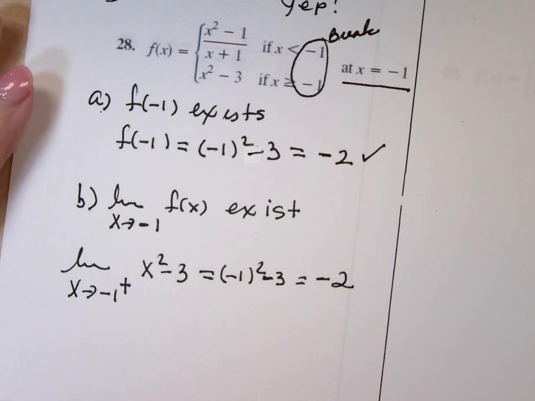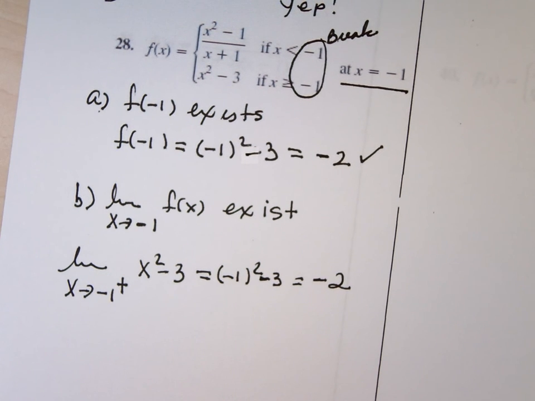So from the right, it exists. If the limit exists, the limit from the right has to equal the limit from the left. That means they meet.